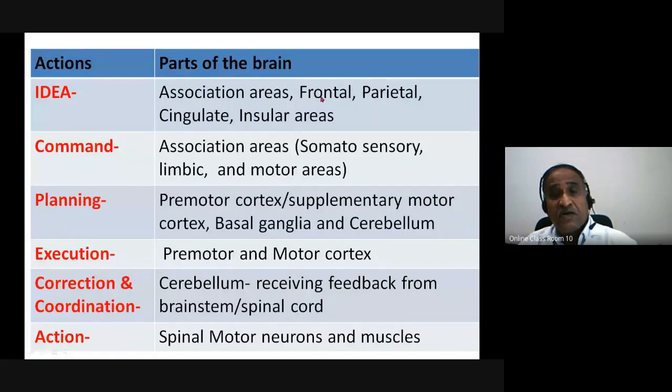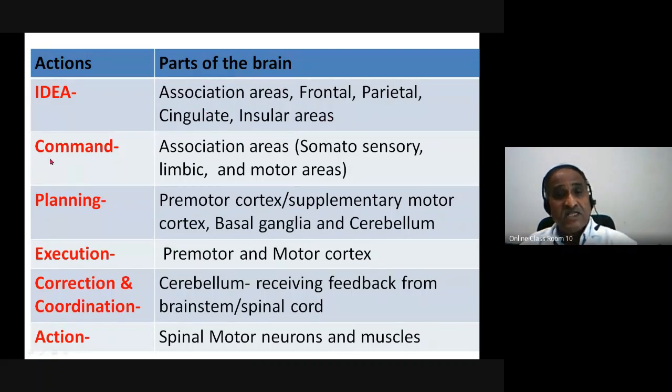It will also assess with the sensory cortex, the cingulate cortex, and the insular cortex for the importance and other perspectives of the ideation.